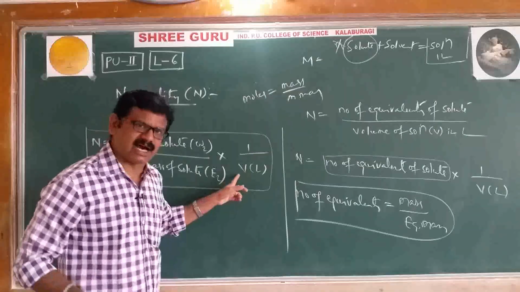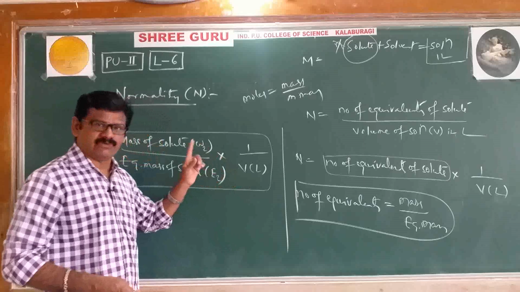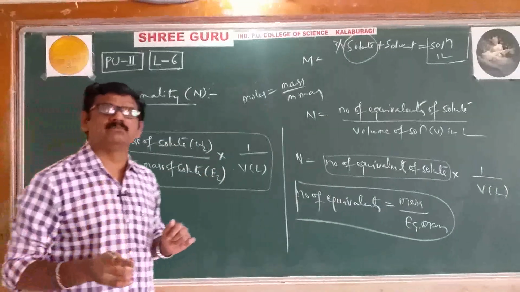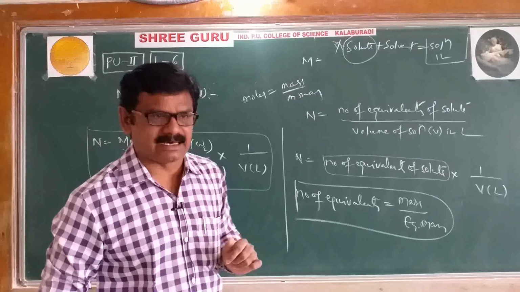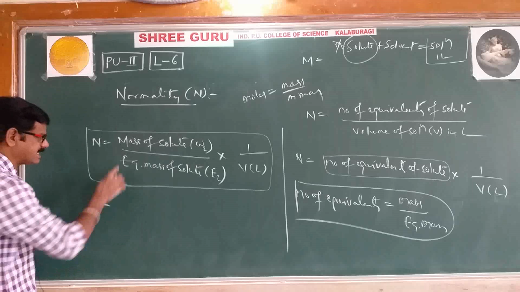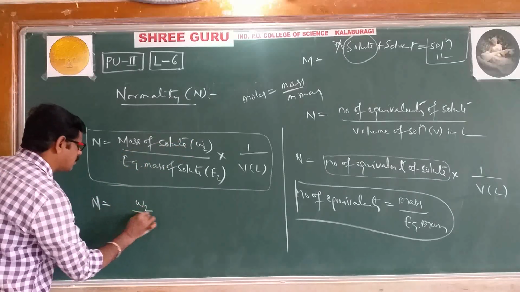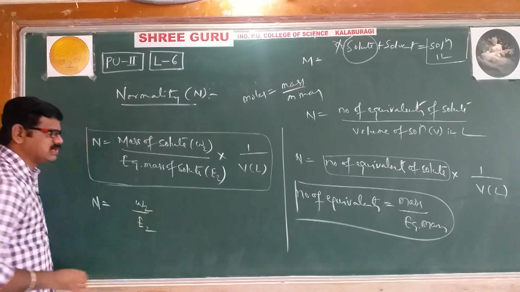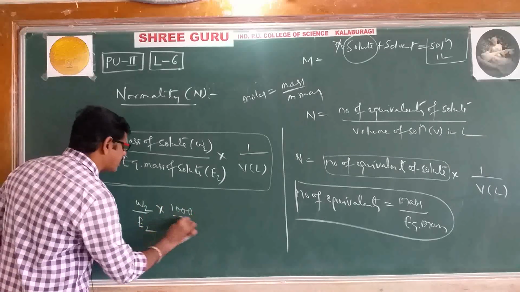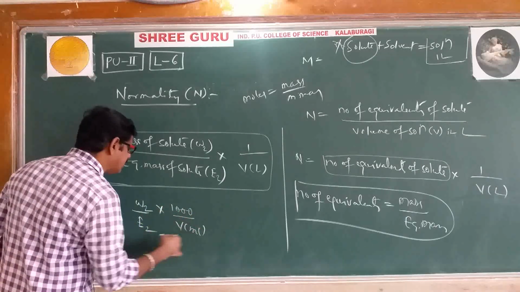I will give you the direct formula here. If the volume is given in liters, this is the formula. If the volume is given in milliliters, the obtained formula is: mass of solute W2 by equivalent mass of solute E2 into 1000 divided by V in milliliters.